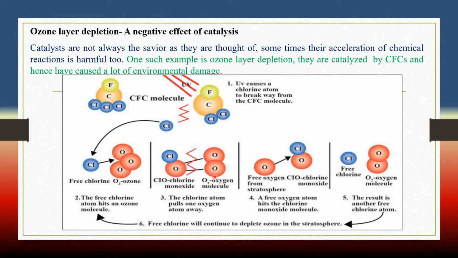In the third picture, you can see that the chlorine atom pulls one oxygen away. The free oxygen atom hits the chlorine monoxide molecule, and that results in another free chlorine atom. This free chlorine atom will continue to deplete ozone in the stratosphere, as we have the lithosphere, troposphere, and stratosphere. The stratosphere is where the ozone layer depletion is taking place.